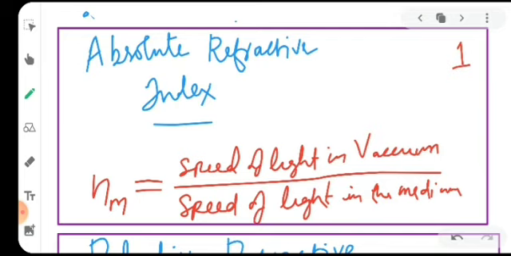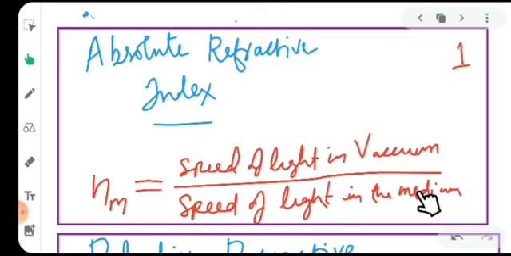As you can see here, refractive index defined in its absolute terms, or whenever you refer to a material's refractive index, implies its absolute refractive index. And how do you define that? The absolute refractive index of a material is given as speed of light in vacuum divided by speed of light in the medium.